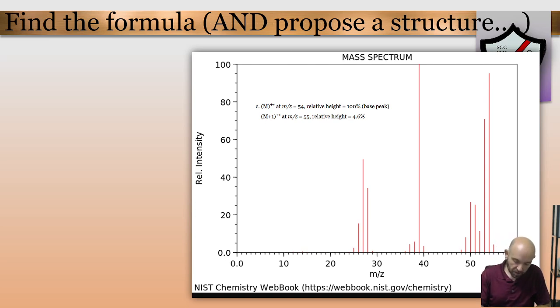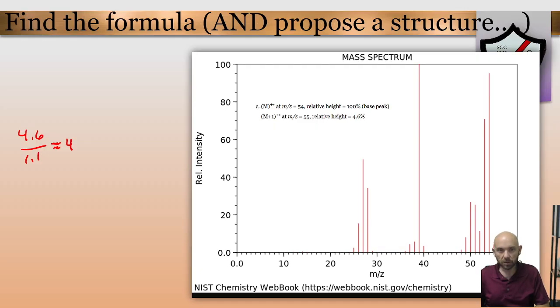So if we take 4.6 and divide by 1.1, we get approximately 4 in this case. Again, we're going to assume that the approximation works for simple, small molecules. So this is going to be a 4-carbon molecule, and this 4-carbon molecule has a mass of 54 total.